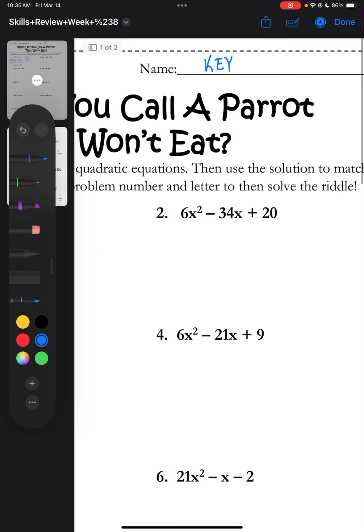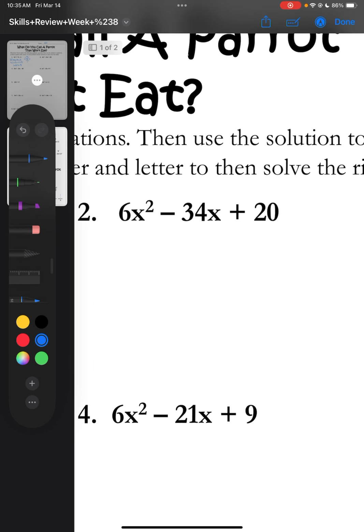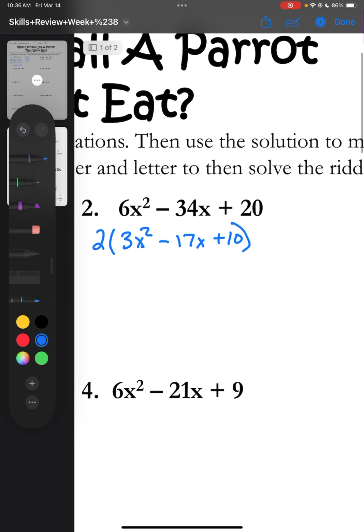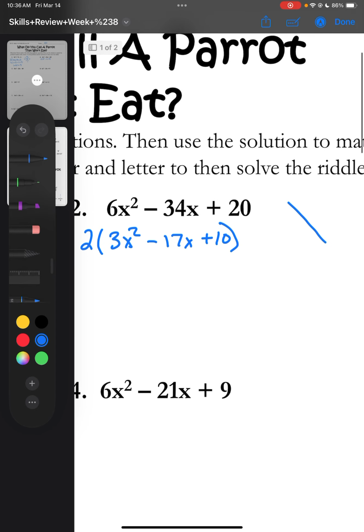Alright, number 2. I'm going to first take out what they all have in common. We can take out a 2 here, so doing that first leaves us 3x squared minus 17x plus 10. From there, I'm going to do the grouping again, just doing the inside of those parentheses like normal.